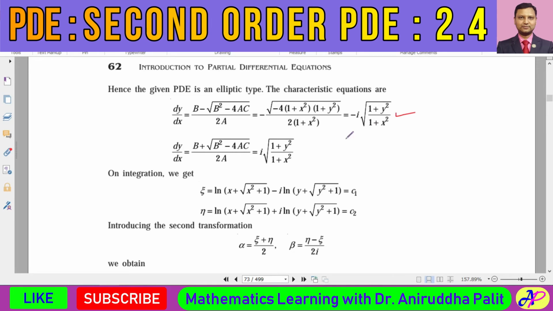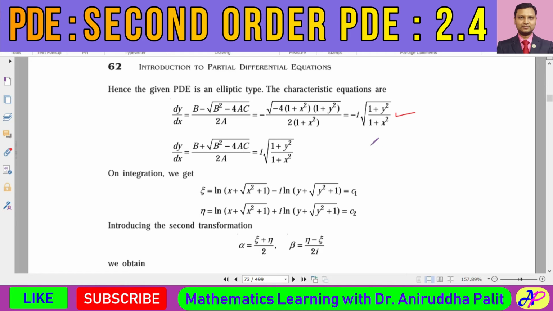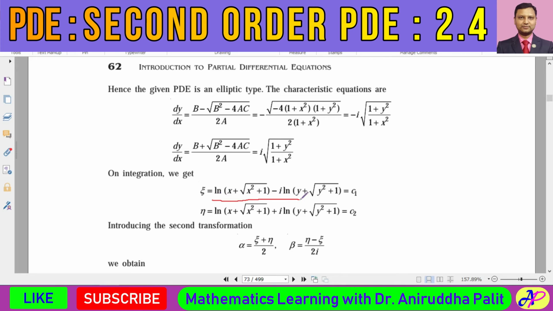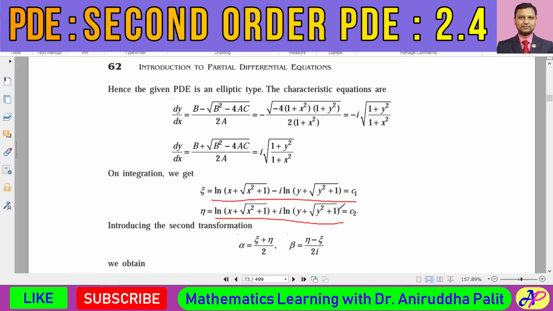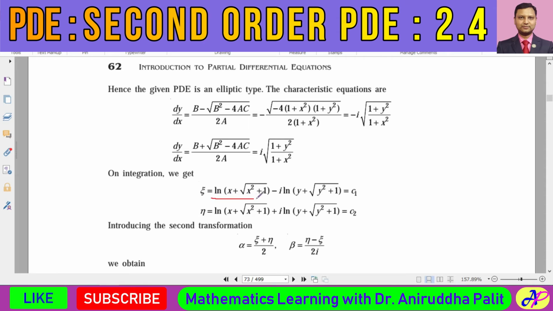So it is an elliptic differential equation, and over here you can observe that dy dx becomes some imaginary quantity. So if we integrate them back, we will get this type of relation. This is the first relation, and this is the second relation. You can check that both of them are complex conjugates of each other. This is the real part, which should be taken as alpha, and this is the imaginary part, forget about this i, which should be taken as beta.